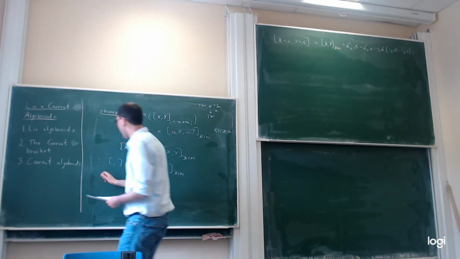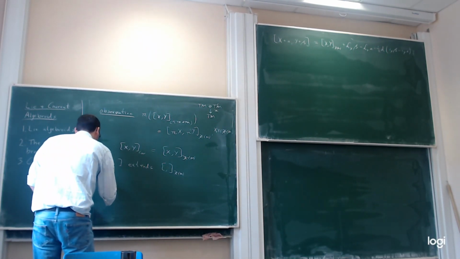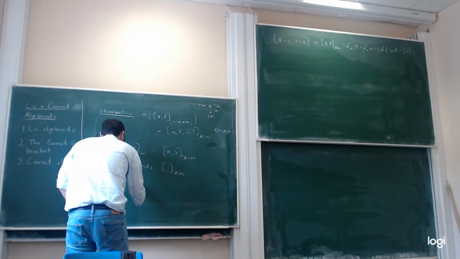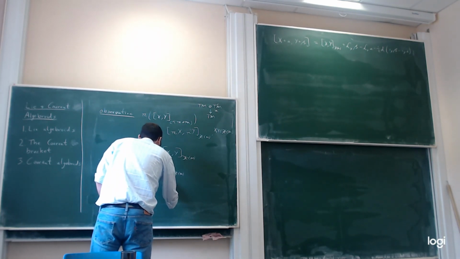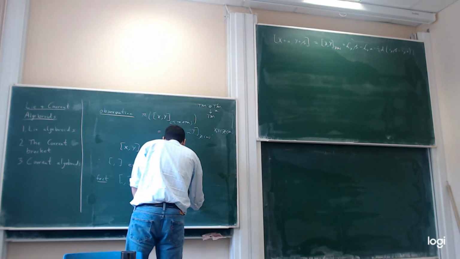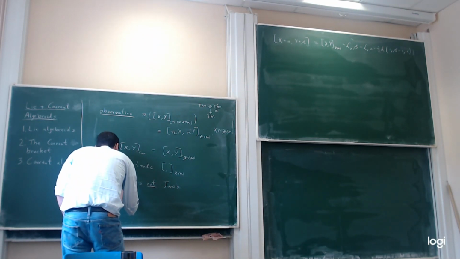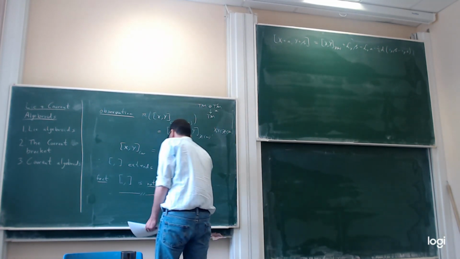The second fact that I want to state is that the Courant bracket is not Jacobi, or it does not satisfy the Jacobi property. Therefore, the Courant bracket is not a Lie bracket.